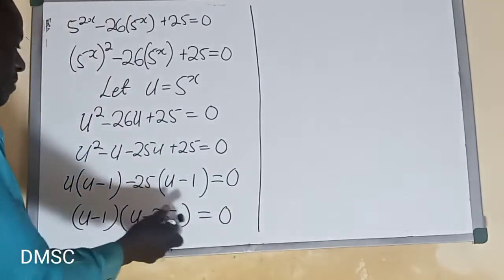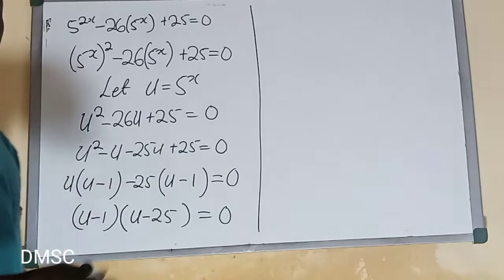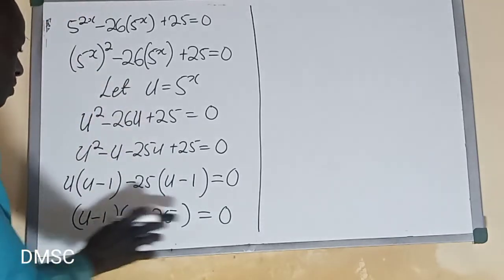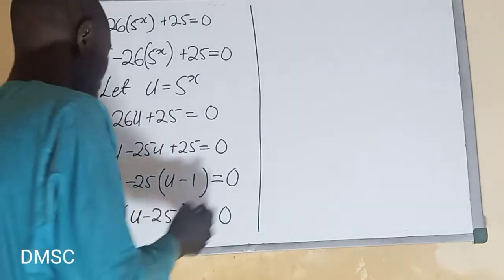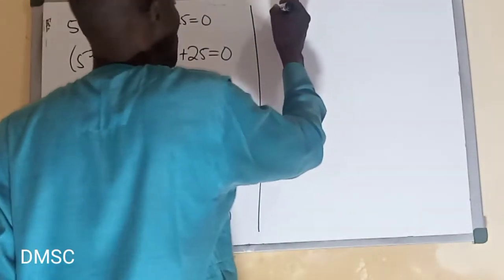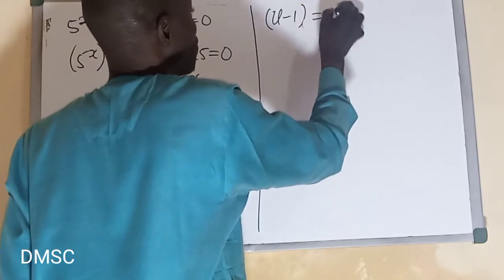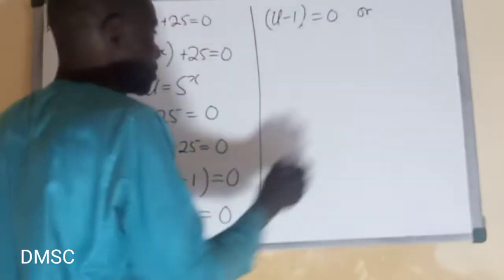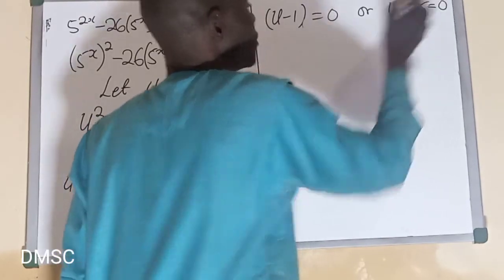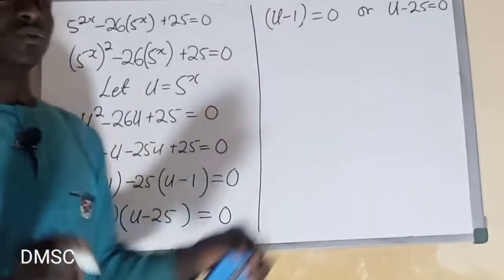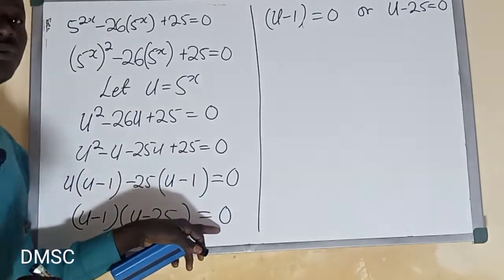Whenever we have a multiplication between real numbers A and B equal to 0, either one of them must be 0. So we say u − 1 = 0 or u − 25 = 0. Either of these must be 0 to satisfy our need, since we have 0 here.